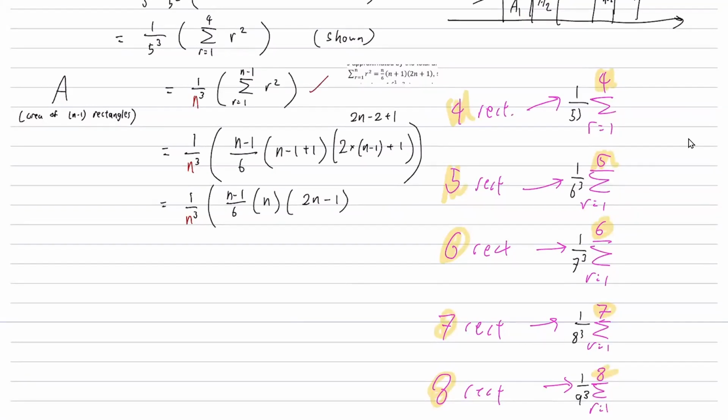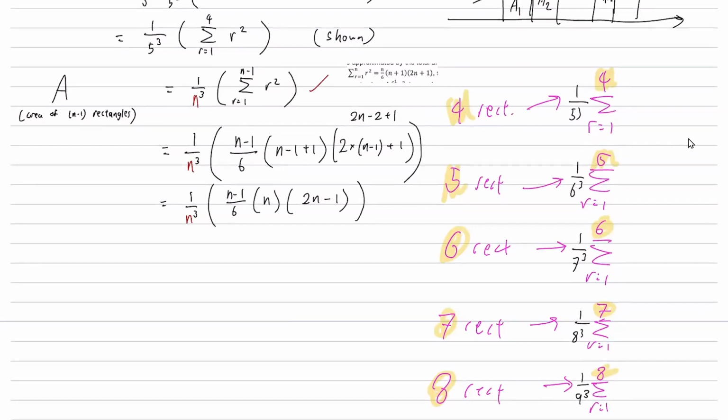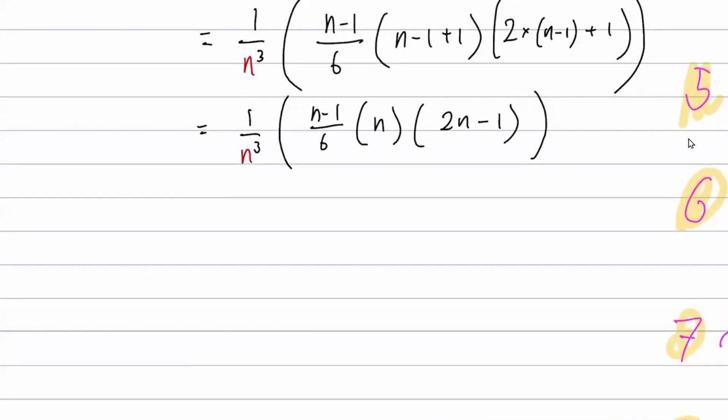Okay, then now we proceed to simplify this expression. We need to eventually show it's n minus 1 times 2n minus 1 divided by 6n squared. Anything to cancel off? Yes, n cube and n cancel off, becomes a 2. So you're left with 1 over n squared first. Maybe I can factor out the 6.